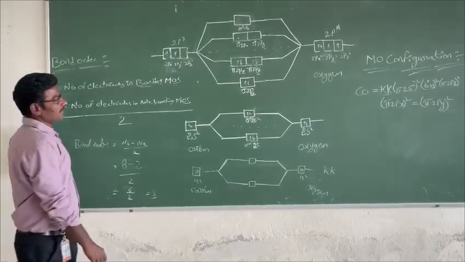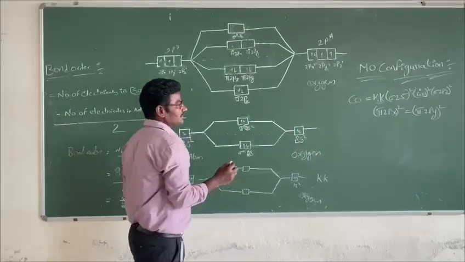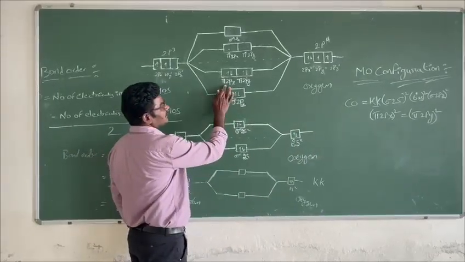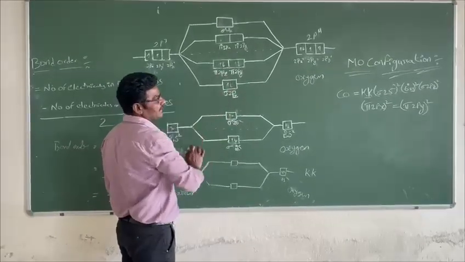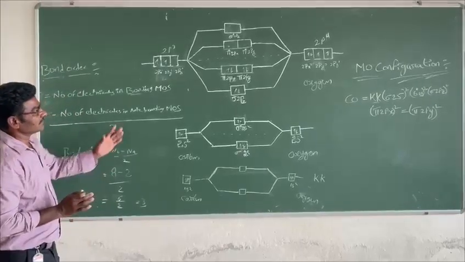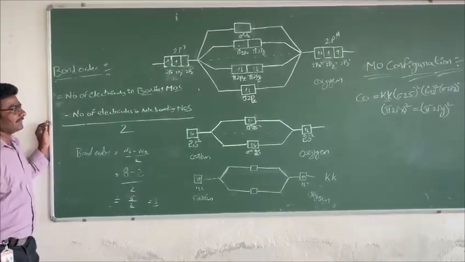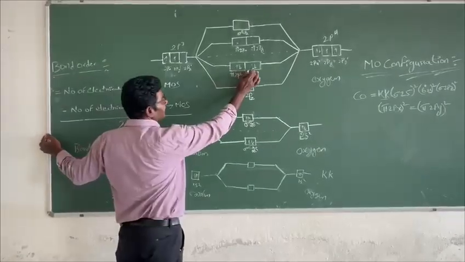Here the CO molecule finally has 3 bonds. The first bond is a sigma bond and the other two are pi bonds: one sigma bond and 2 pi bonds, finally a triple bond. So the CO molecule is a diatomic molecule with no unpaired electrons.